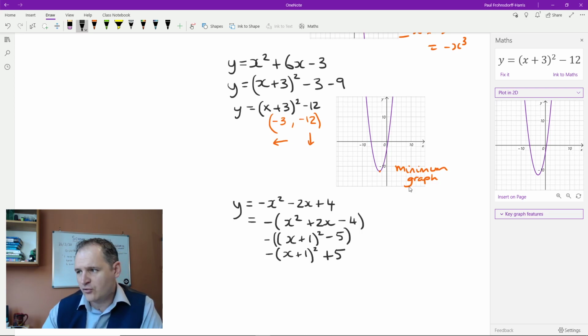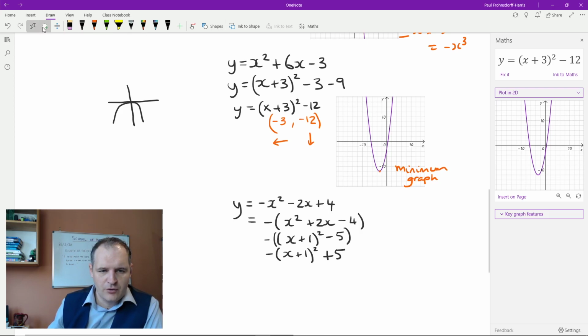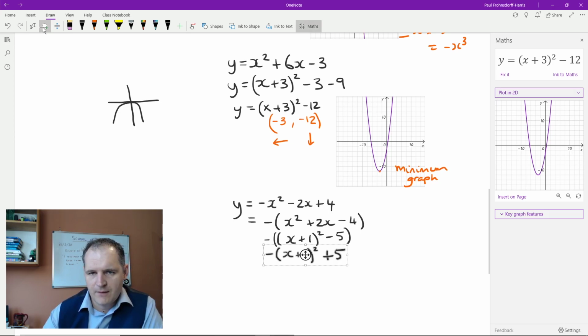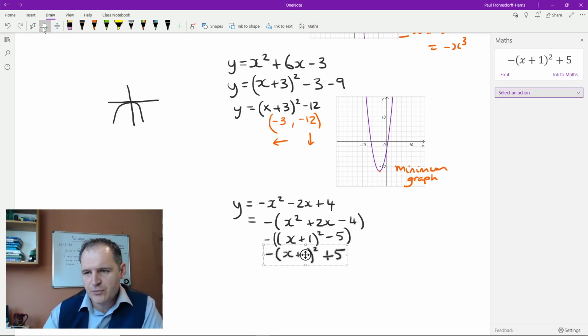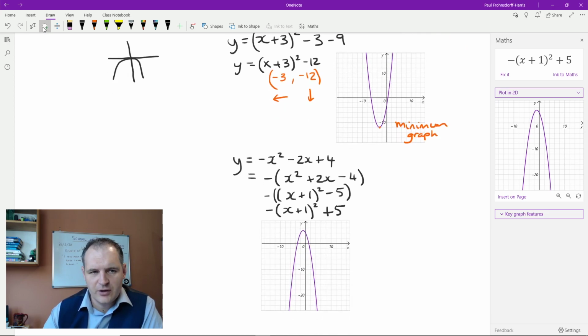Now, hopefully, we've got some people who are predicting already that a negative will have this shape. It will not have the upward shape we've been seeing so far. So, when I collect all this together, it does recognise it, so we can then plot in the graph, and we can see, if I insert this just over here, instead of a minimum, we now have a maximum.